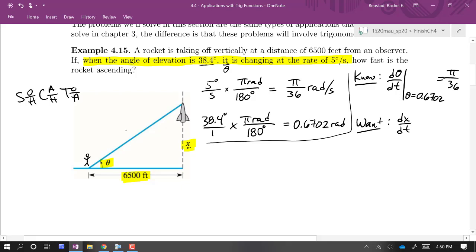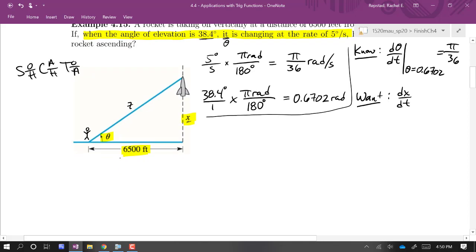I could get an expression for the hypotenuse and decide to use another function, but it's much easier if we can involve the fixed side. And so I'm going to use tangent, because that's opposite over adjacent. So we find that tan theta is equal to x over 6,500.